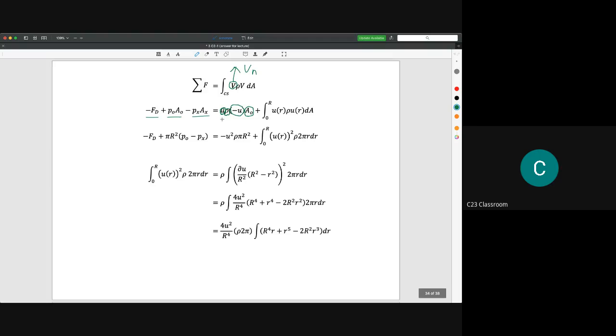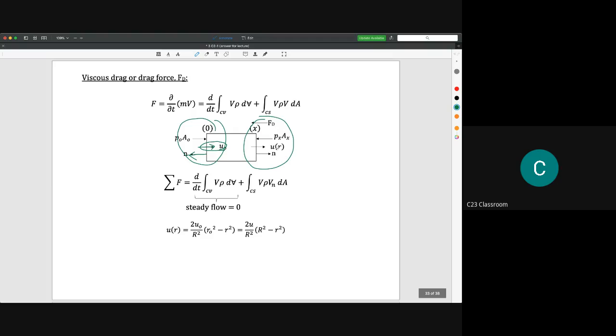So we have U, rho, and negative U. I just simplified this one. Then here we have the integral, because at the outlet we have a velocity distribution, equal to the distribution of this one.